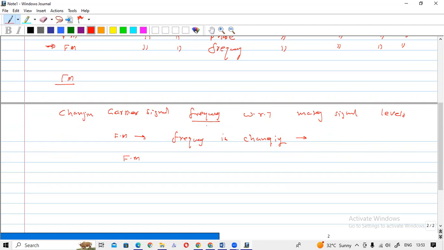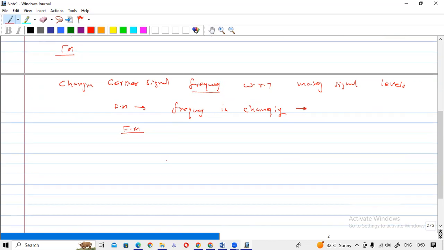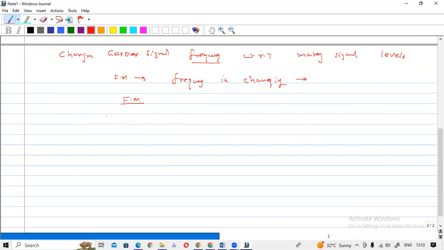So we can get an expression for the instantaneous frequency.